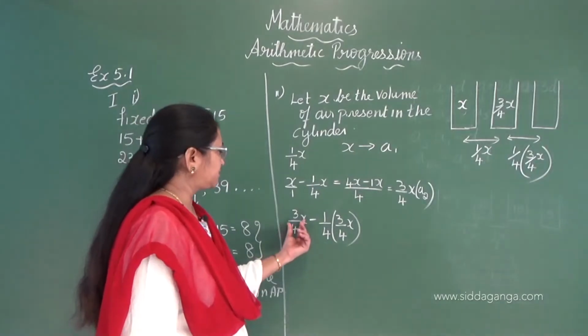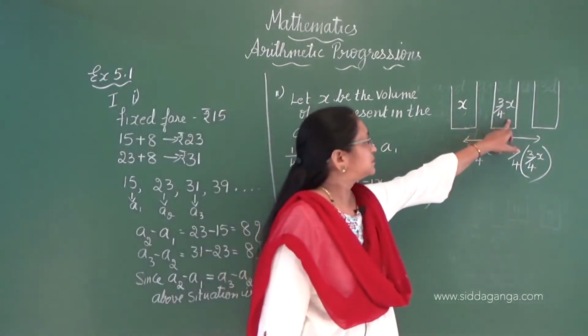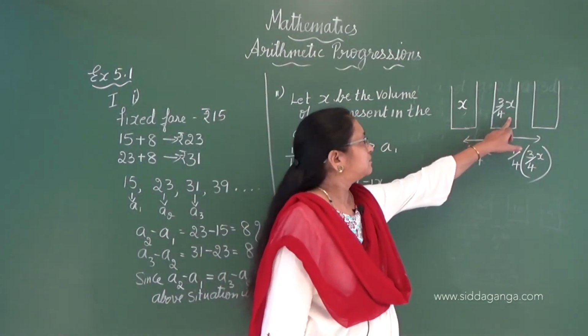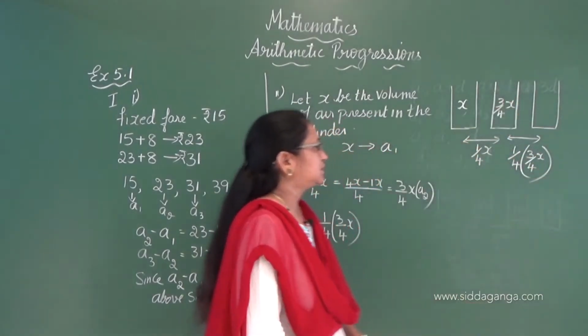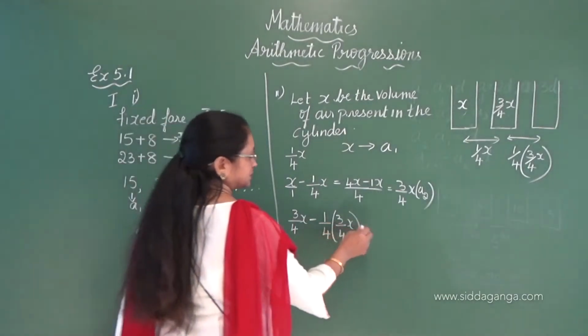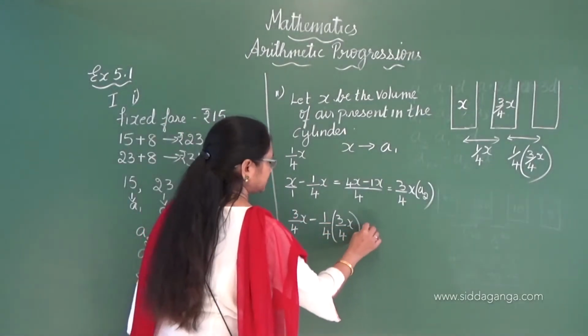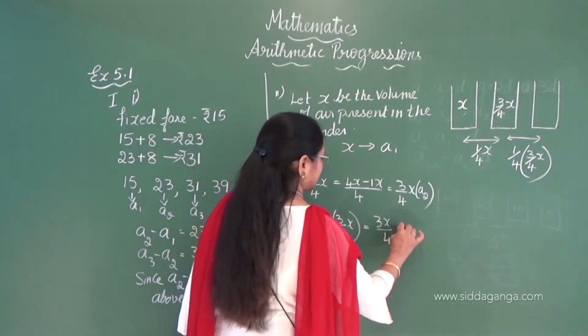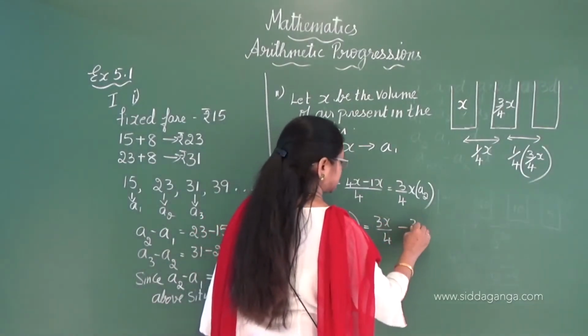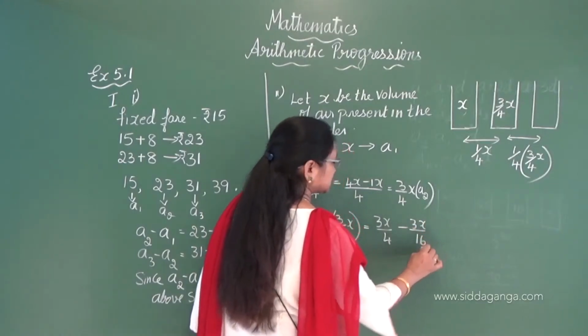So 3x by 4 was remaining here. From this again I am removing 1 by 4th of this. So this will become 3x by 4 minus 3x by 4 4s are 16.